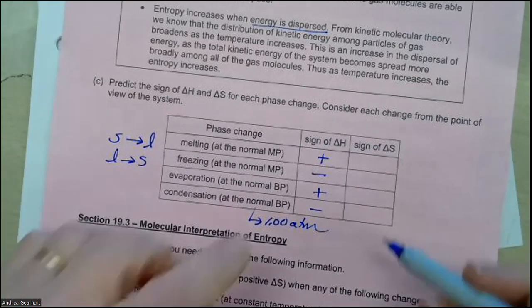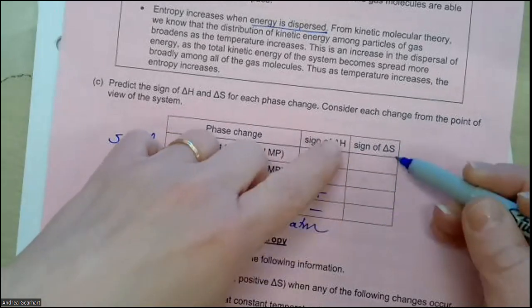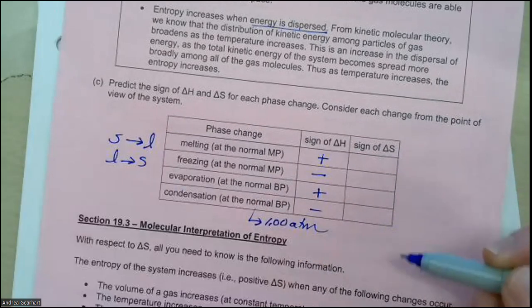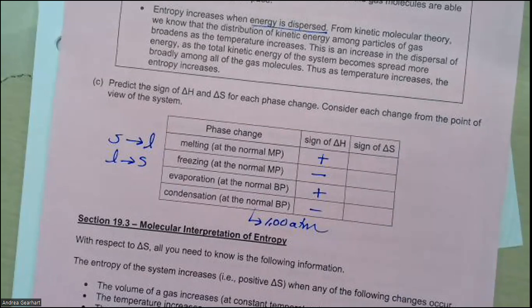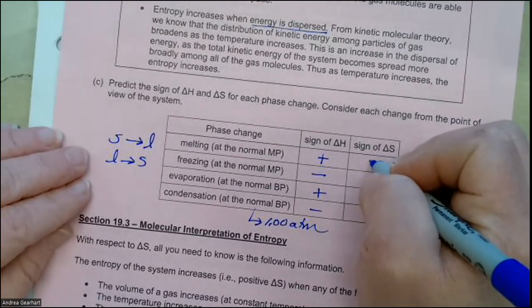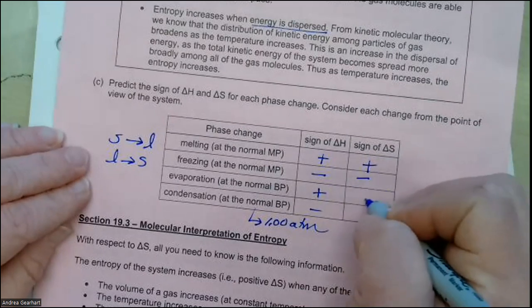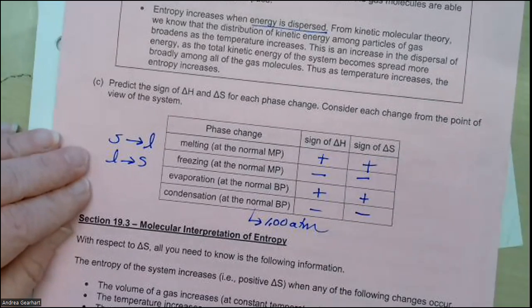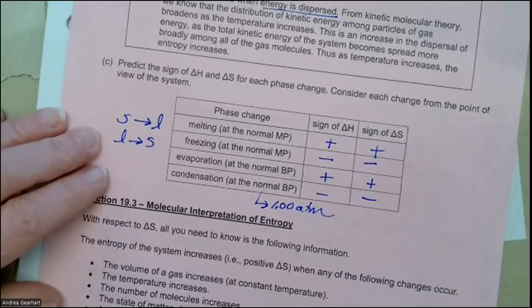Okay, so now this. Can we think of what would be the sign though? What's going on with the dispersion? Now, that doesn't mean they always go hand in hand.